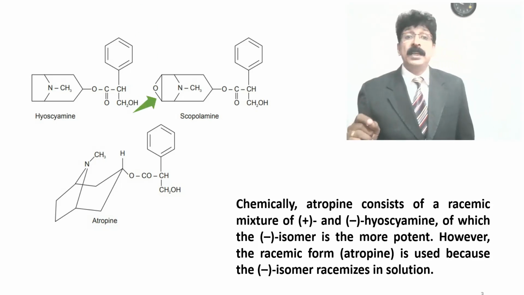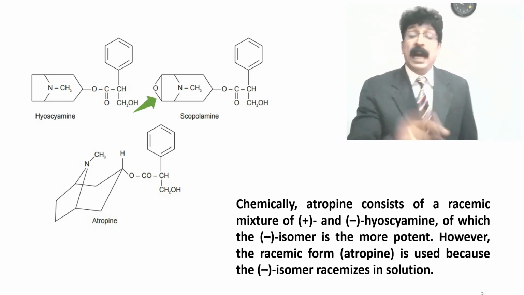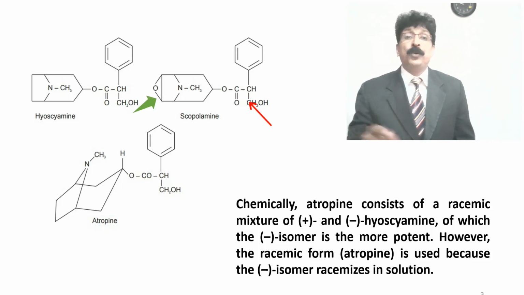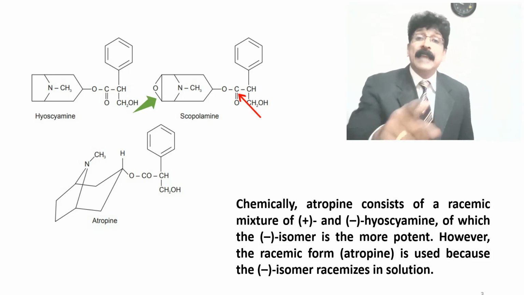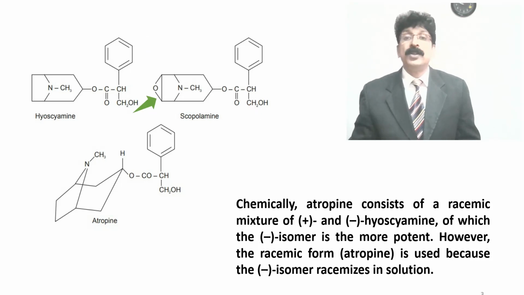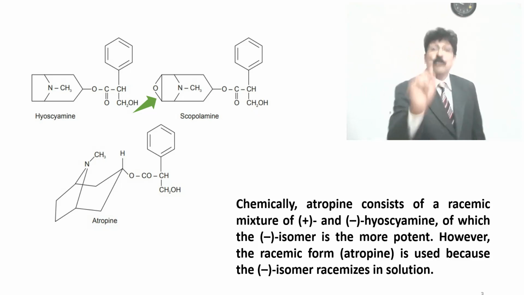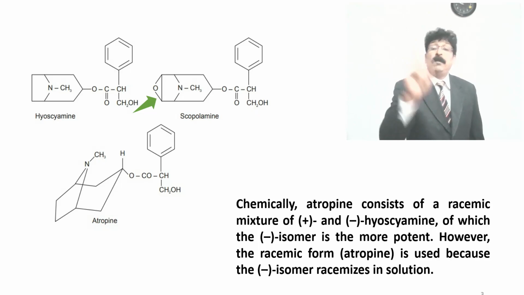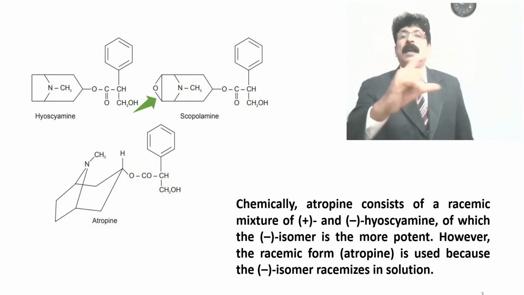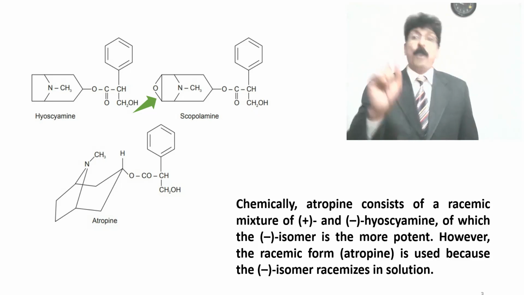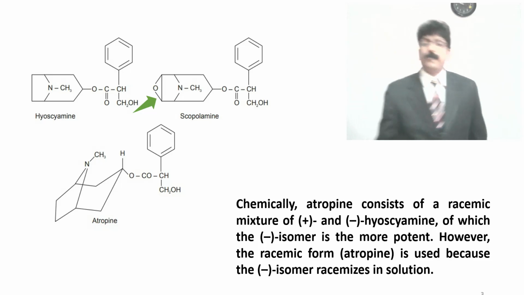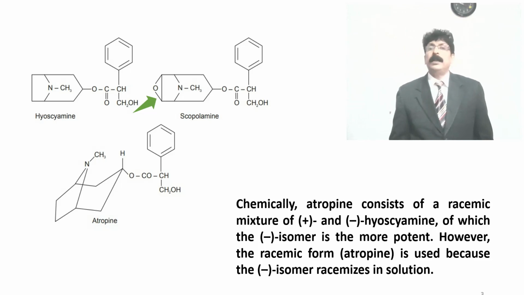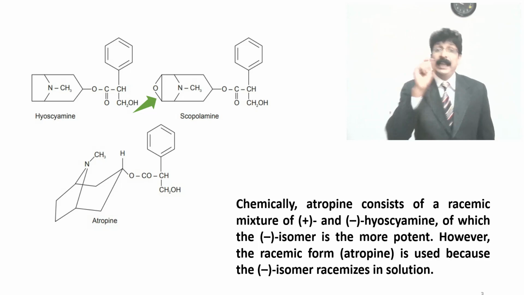See here, the only difference, the arrow which I have brought now to show you: scopolamine has a difference. Scopolamine has a 3-membered lactone ring, which is attached to the tropane. So scopolamine is also one constituent which is present in belladonna. You should know that chemical structure, a very easy chemical structure.